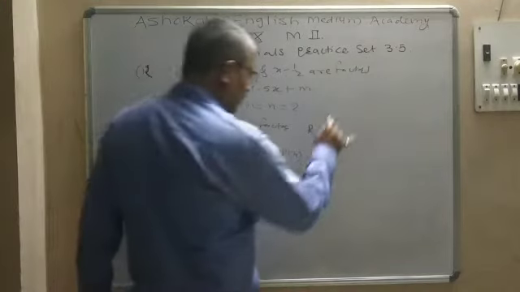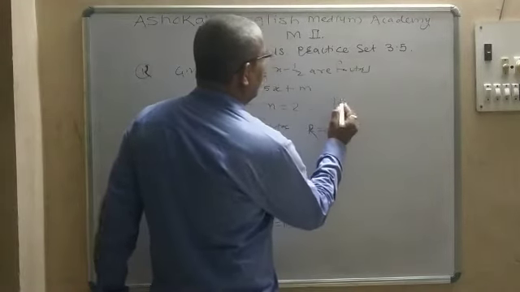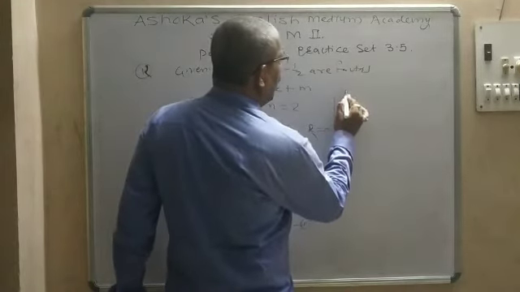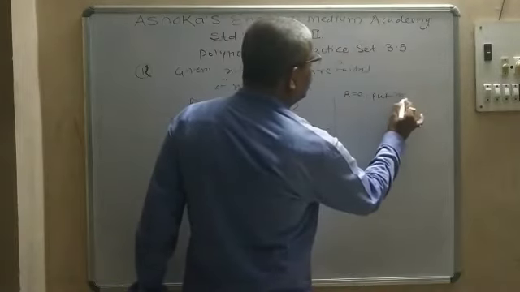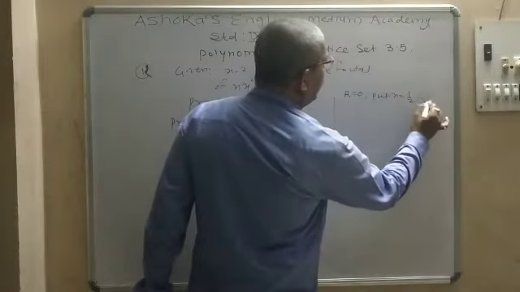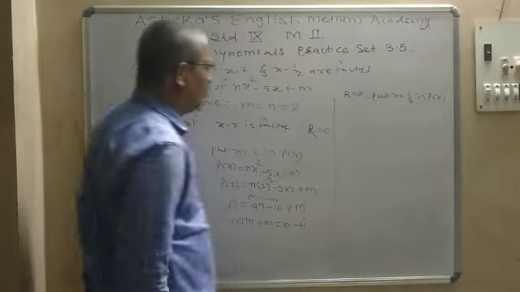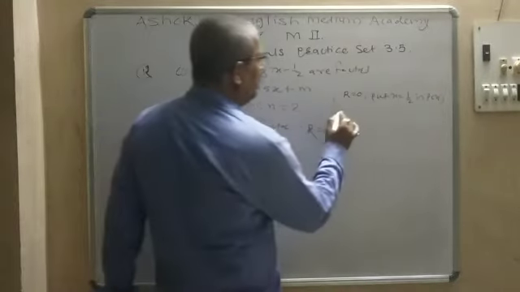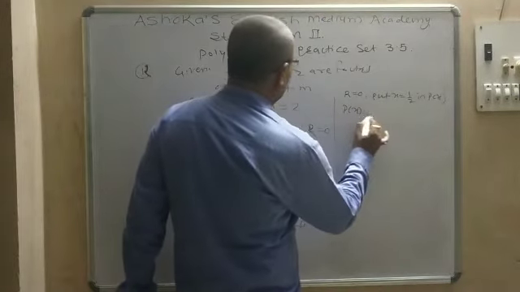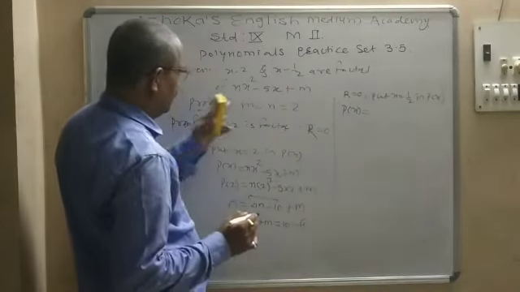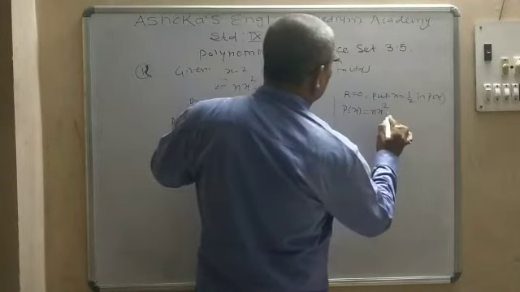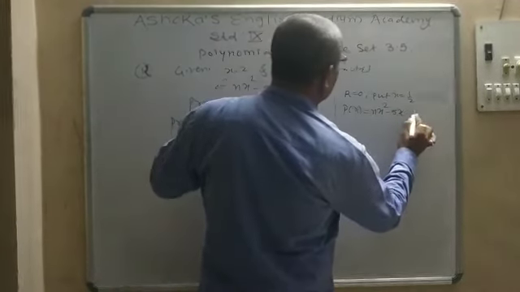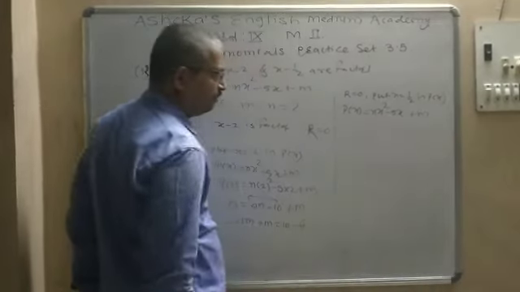In a similar way, we have to find here. Now r is equal to 0. Put x is equal to half in p(x), means in the given polynomial. Therefore, p(x) is equal to nx raised to 2 minus 5x plus m.